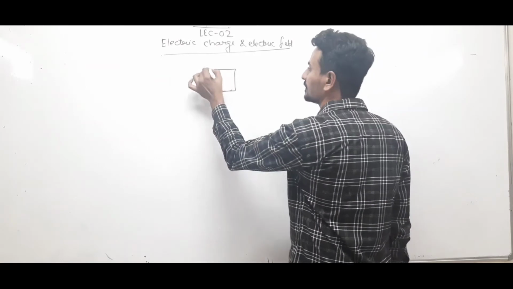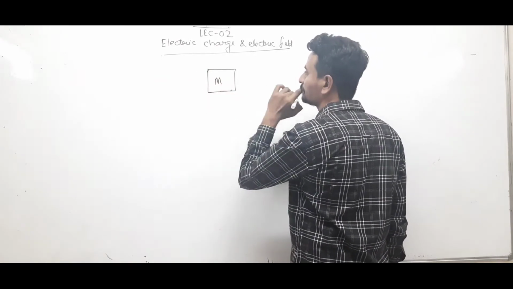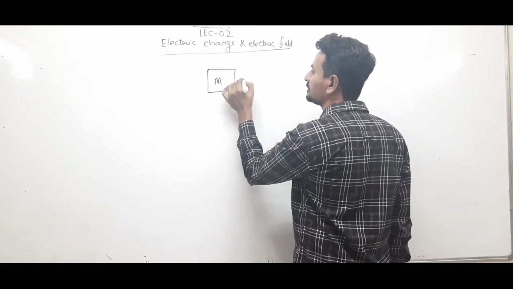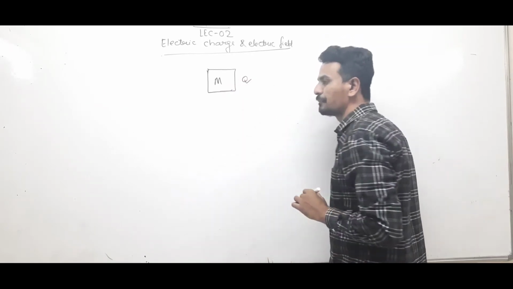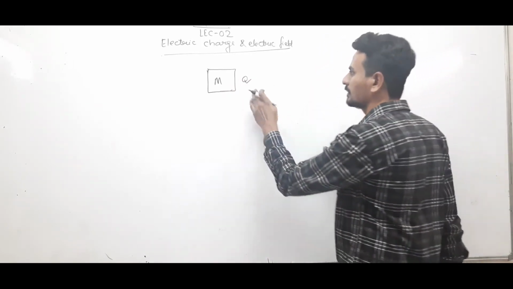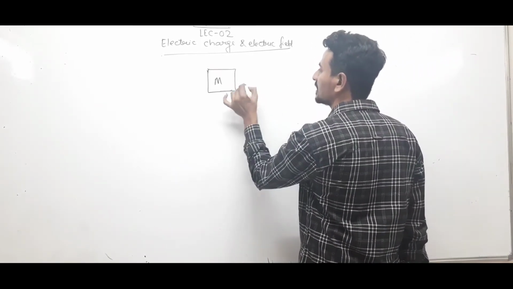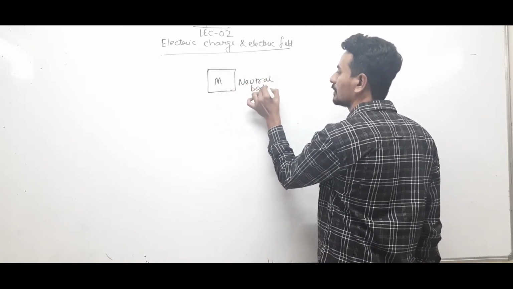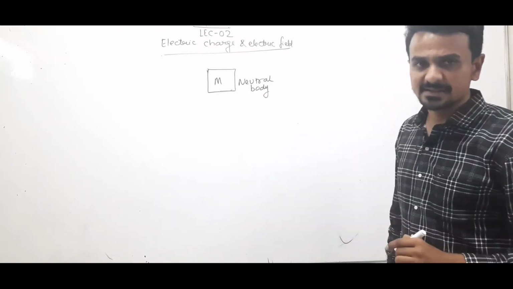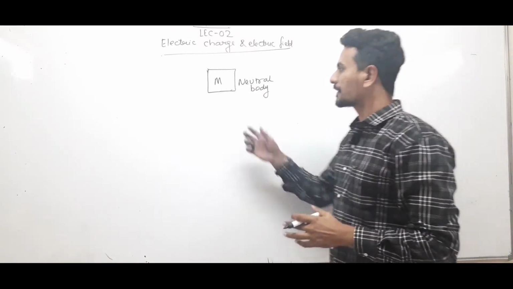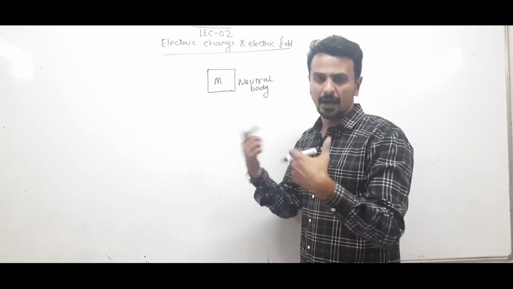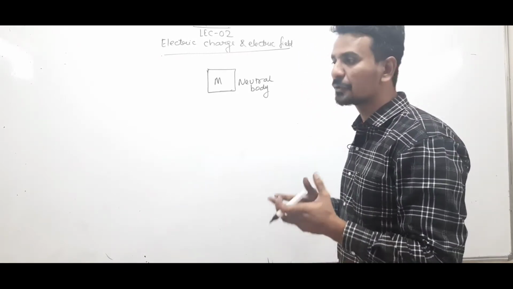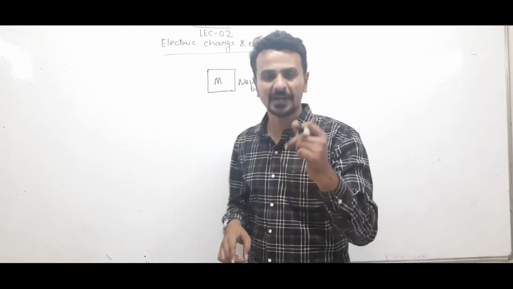See, this is a body of mass m. Let's say it is having a charge q, or finally let us say it's a neutral body having a mass m. Suppose you are rubbing this body with another body, that means you are charging this body with the help of friction.